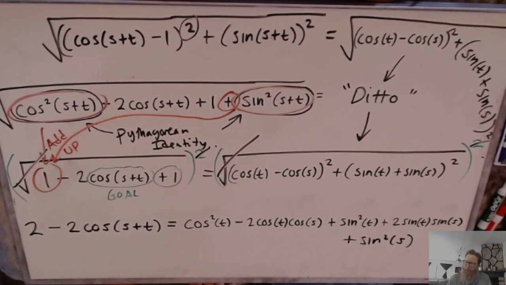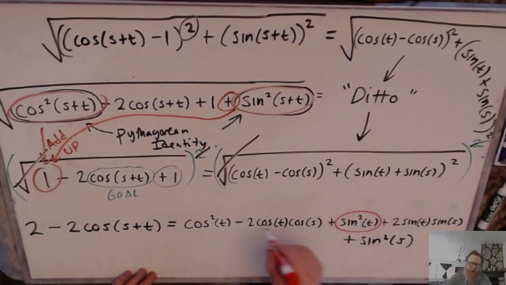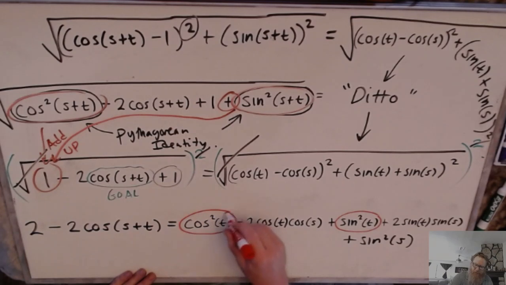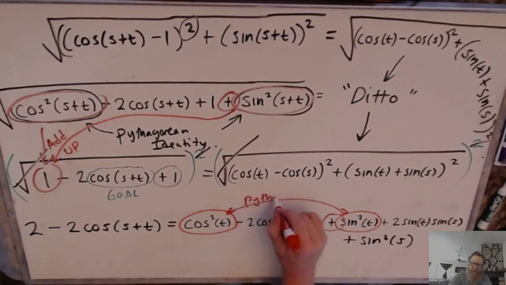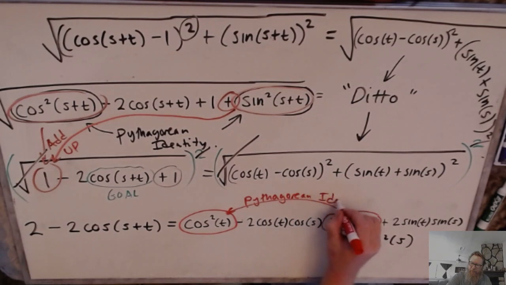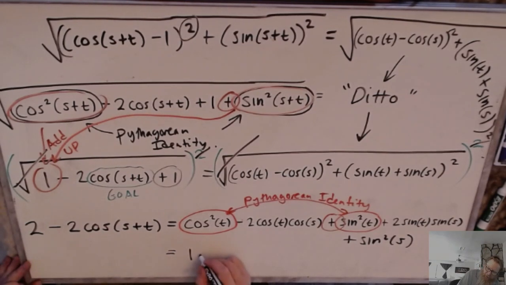So let's see, what do we have here? Oh, look, we got another Pythagorean identity. Sine squared plus cosine squared. Make sure it's plus. So we have another Pythagorean identity. I tell you, that one really comes in handy. Okay, so that's going to be another 1.